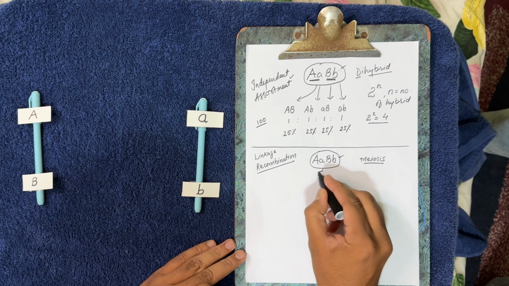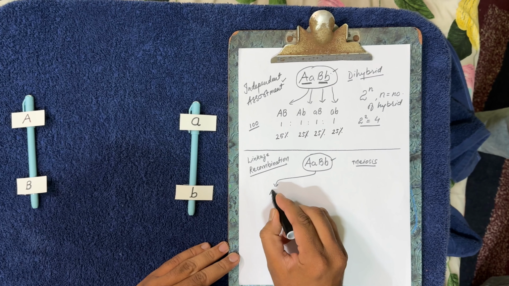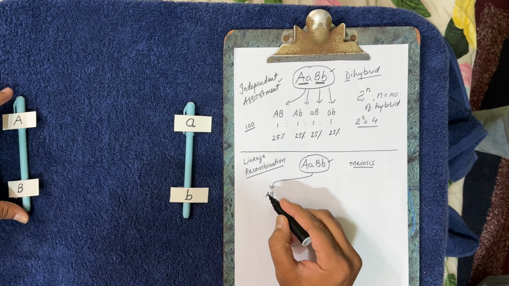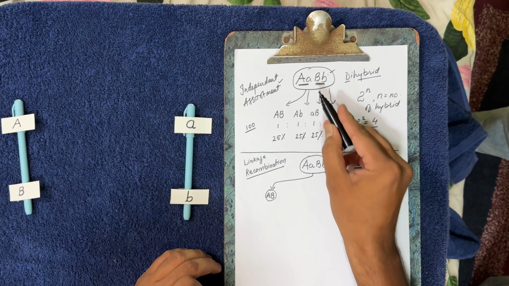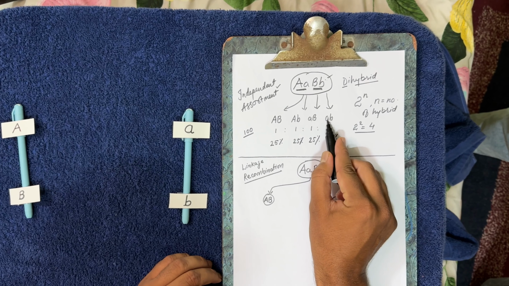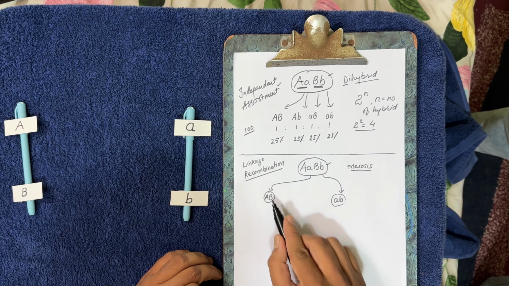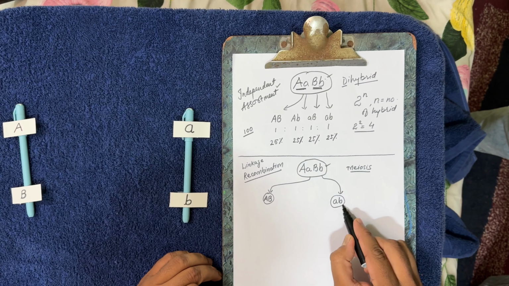So we are producing one gamete, capital A, capital B, that is this one, and another gamete, small a, small b. Now the question comes: in the earlier situation we were producing 4 types of gametes, but in this situation we are producing only 2 types of gametes.